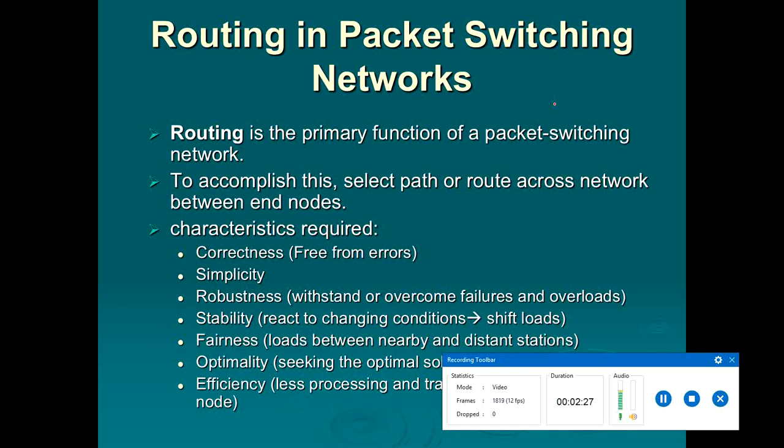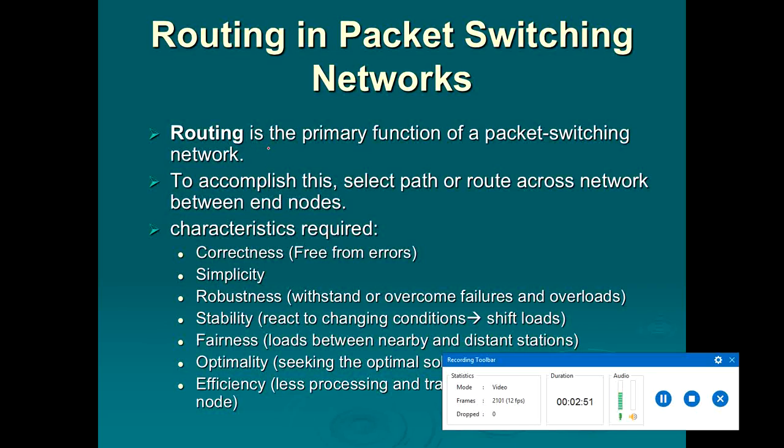The same thing is applicable to the internet also, in packet switching, because there may be many routes or paths available between the sender and the destination. One of the best possible paths has to be selected between the source and the destination to send the packets or the message.